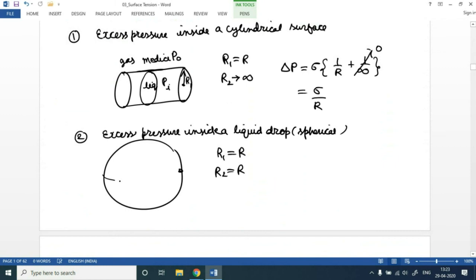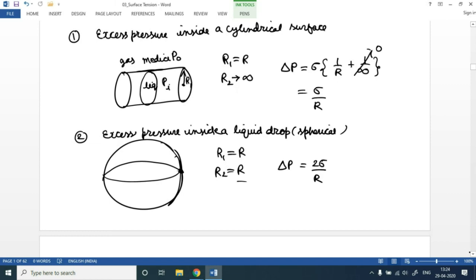For example, at this point, this is one curvature and this is another curvature. So the radii of curvature of both mutually perpendicular curves are equal to r. So in that case, delta p will simply turn out to be 2 sigma by r. So that is the excess pressure inside a liquid drop.